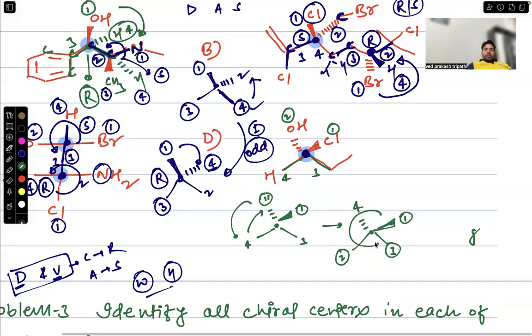So 1 to 2 is going anti-clock. So anti is S. So flip your answer. So it would be R. Make sense? Please tell me everyone, it makes sense?